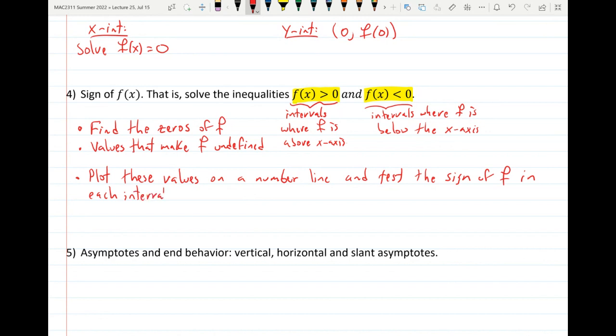And remember how you do this by picking a value inside each of the intervals and plugging in, and whatever sign the function f has at the value, that will be the sign on the entire interval.